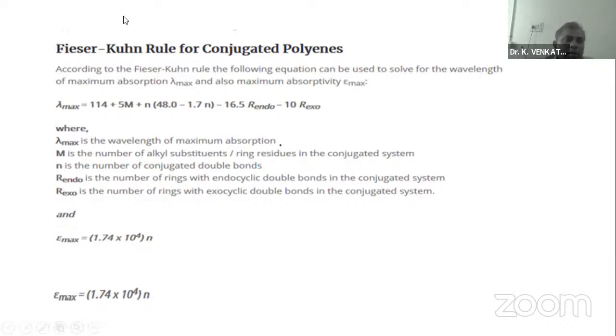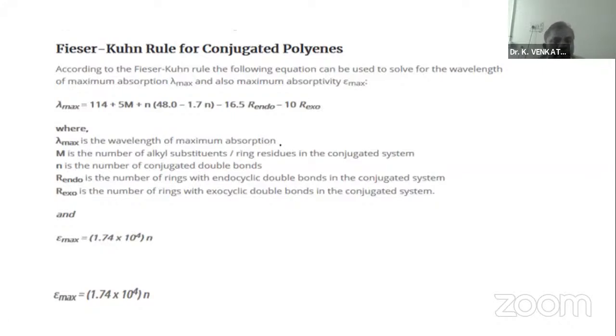So what is the lambda max? The wavelength of maximum absorption. What is the M? M means number of alkyl substituents or ring residues. What is the N? N means number of conjugated double bonds.